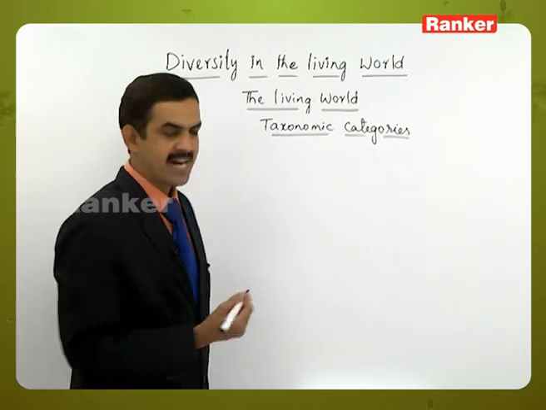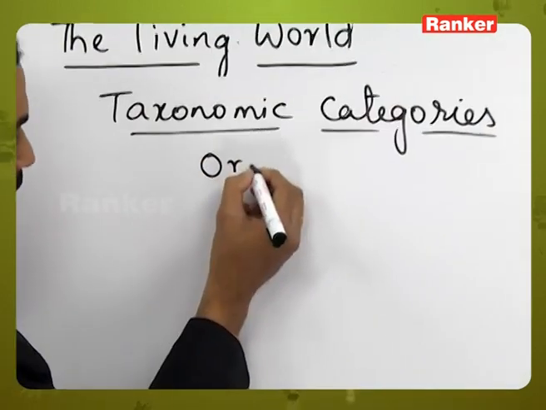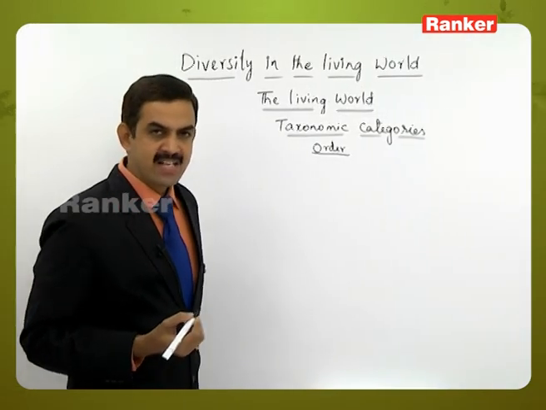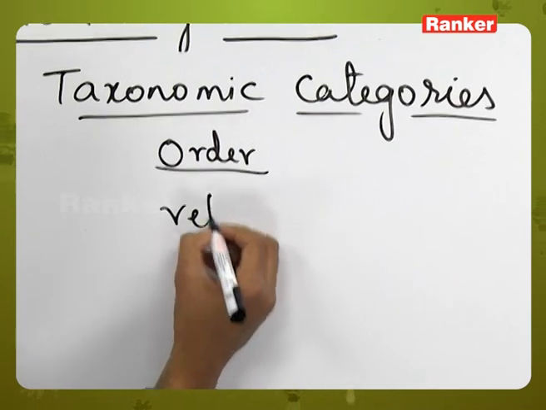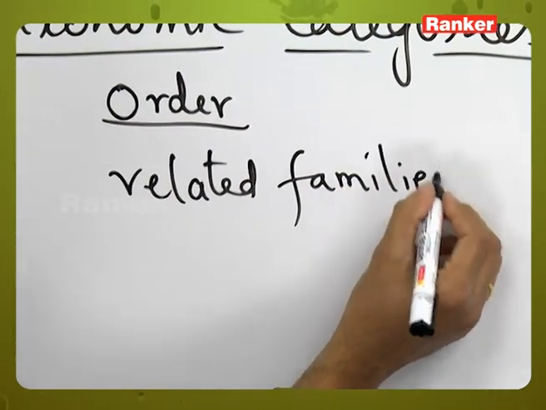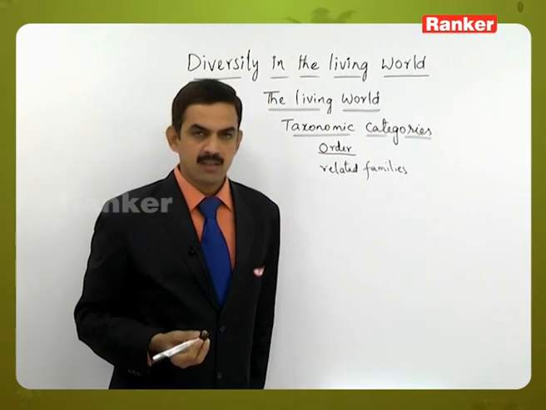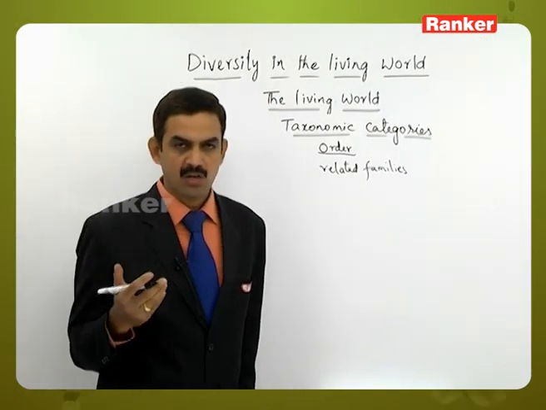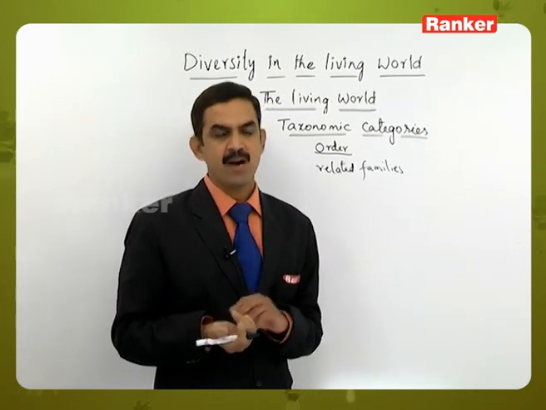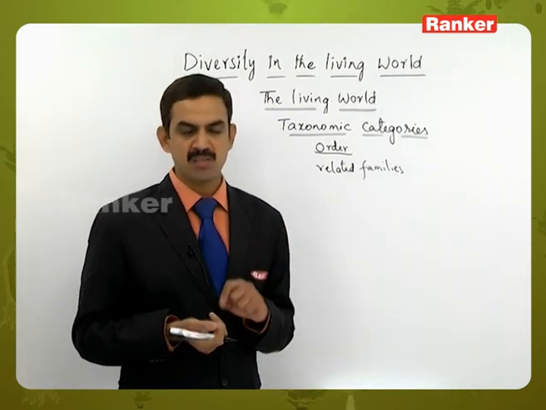The next taxonomic category is the order. Order is the next hierarchical level, where it includes related families. The plants present in different families will have many differences, but at the same time a few similarities.